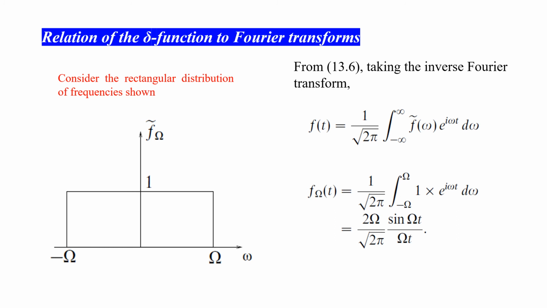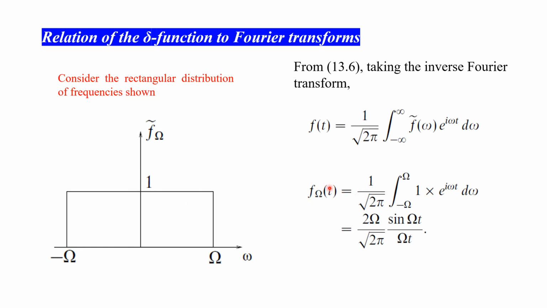So from your equation 13.6, taking the inverse Fourier transform, this is your equation 13.6 here, and we take the inverse Fourier transform where your Fourier transform F of omega is equal to 1.